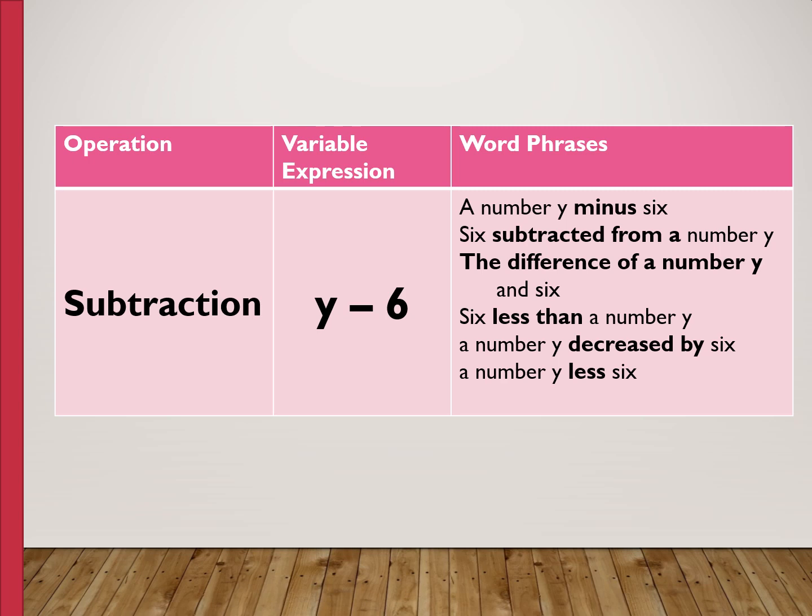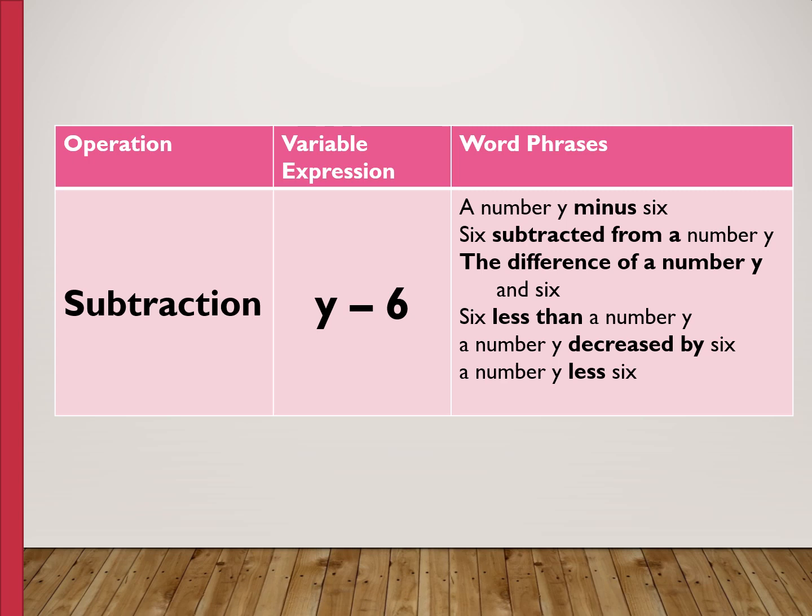So, y minus 6. 6 subtracted from a number y: the 6 is subtracted from the variable, or the number, y. Still, the words are very important, like minus, subtracted. Next, we have the difference of a number and 6.